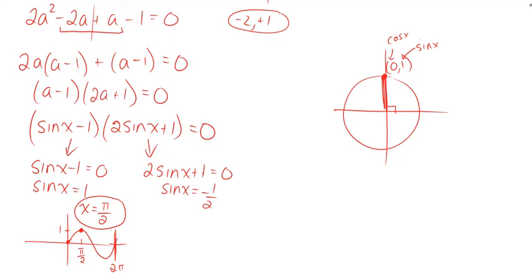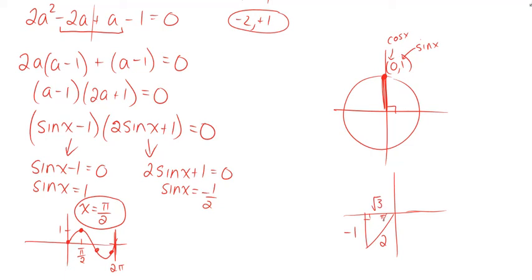And then for -1/2, it looks like there's going to be a couple of values here, and they're going to be in quadrant 3 and 4. So I'm thinking special triangles wise, it would be these two values, and that would be the √3.